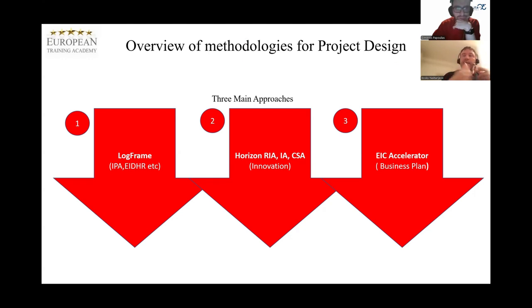Typically, those would be like lack of capacity, skills, teamwork, networks, whatever else. And then looking at the objective tree, you sort of like in a mirror create solutions for each one of those problems. We call it a reflection of the problem tree, the objectives tree.